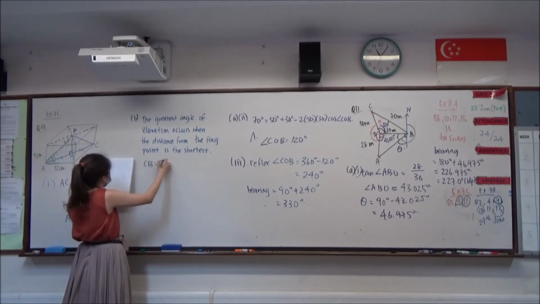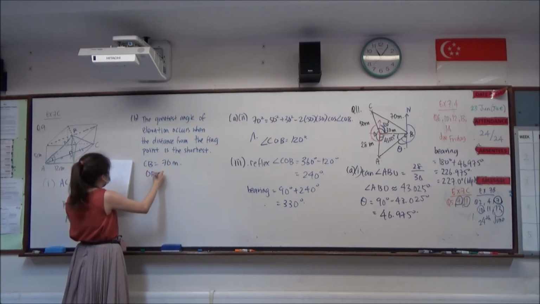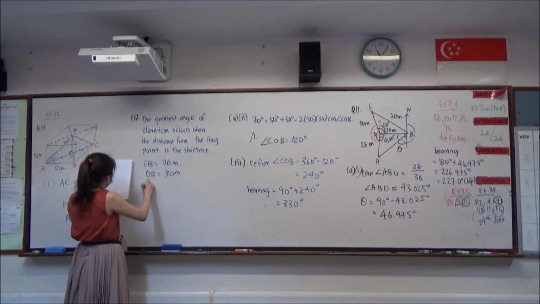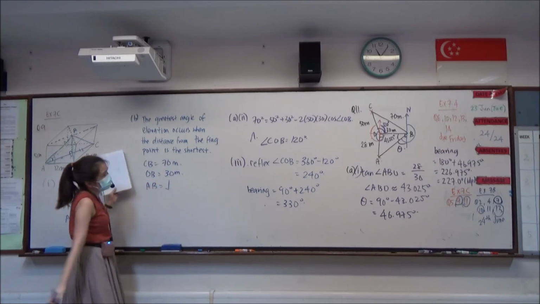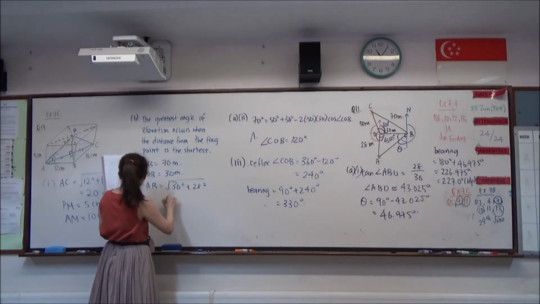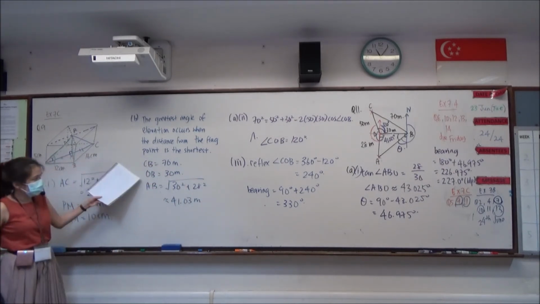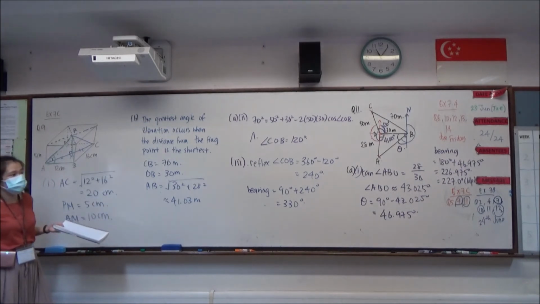The length CB we are given to be 70 meters. OB is actually 30 meters. And AB, we can use Pythagoras theorem, 30 squared plus 28 squared, and we get about 41.03 meters. So looking at all this, it is clear that O is the shortest distance to B.